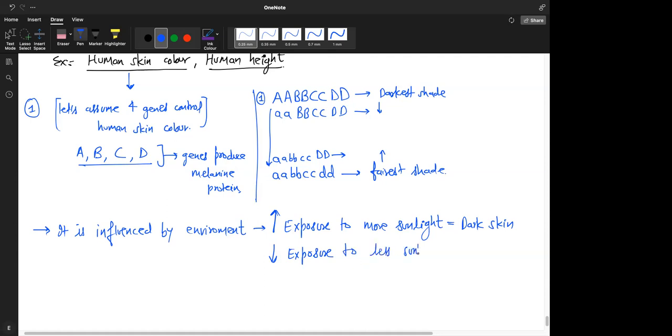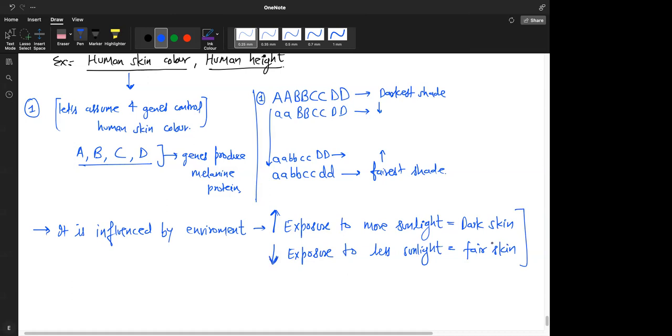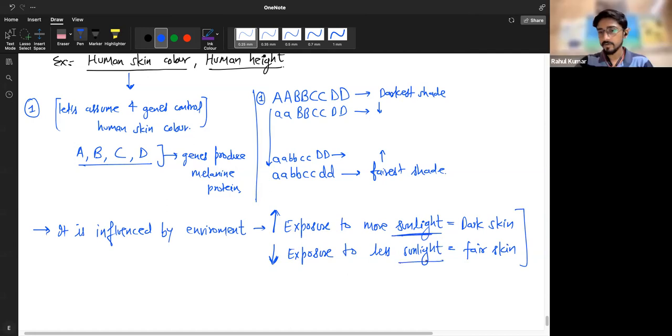So more exposure to sunlight, darker the skin. Less exposure to sunlight, fairer the skin, because sunlight as a factor also controls it. It is an environmental factor, right? Can you see this that I'm writing on the screen?